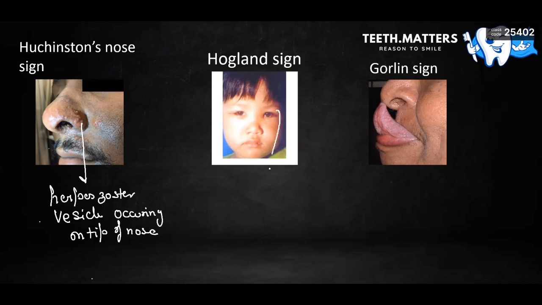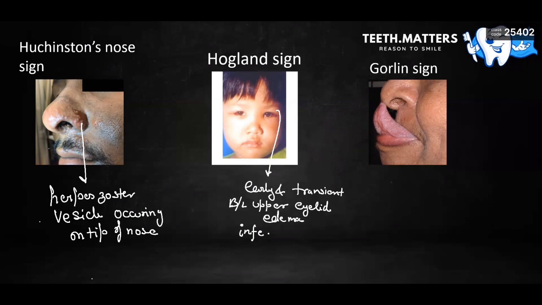This swelling is early and transient, bilateral upper eyelid edema, seen in infectious mononucleosis.